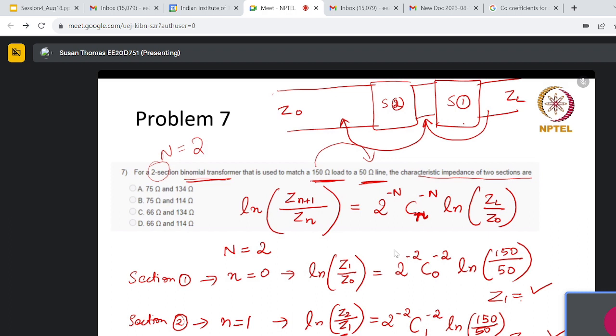Just a minute. Yeah, for both the sections ZL is 150. The only thing is you have to replace Z1 and Z2 in the left hand side.